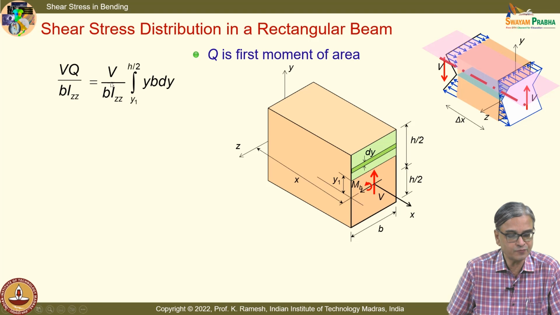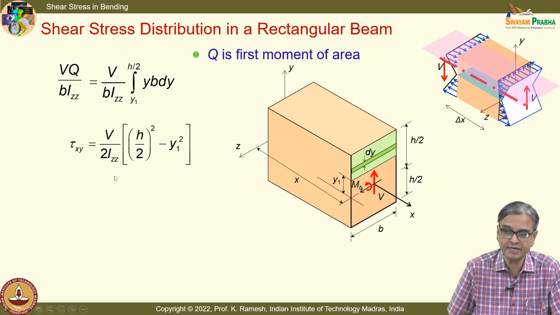So, I get this as V by b I zz integral y1 to h by 2 y b dy, and when I integrate and substitute the limits, I get the expression tau xy equal to V by 2 I zz multiplied by (h by 2) whole square minus y1 square.